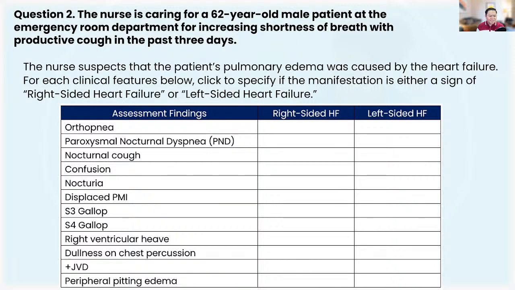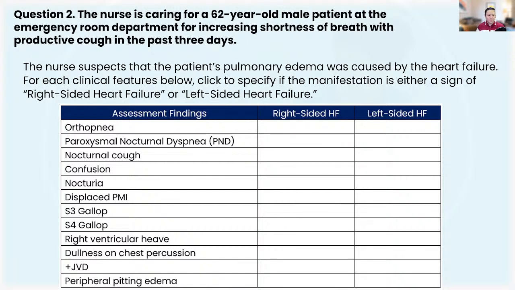Actually, guys, we don't have that information about the documentation, but for this test item, what I'm going to need you to do is identify if these assessment findings belong to either the right-sided heart failure or the left-sided heart failure category. Okay. All righty. I'm going to need to check your answers right now.